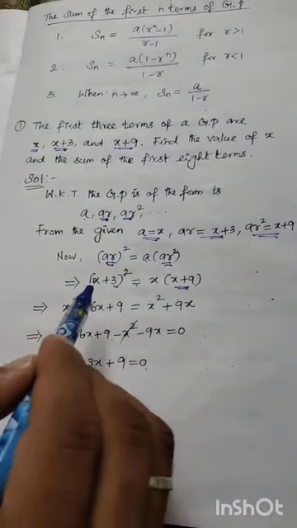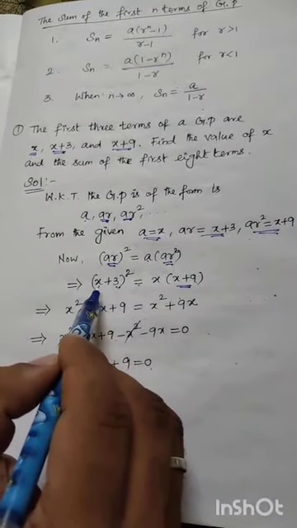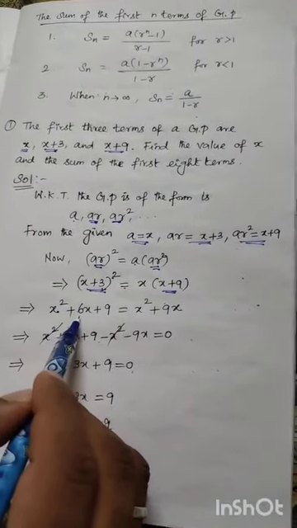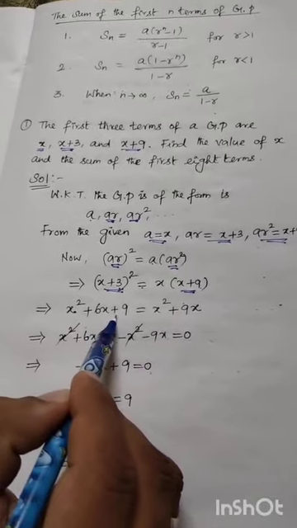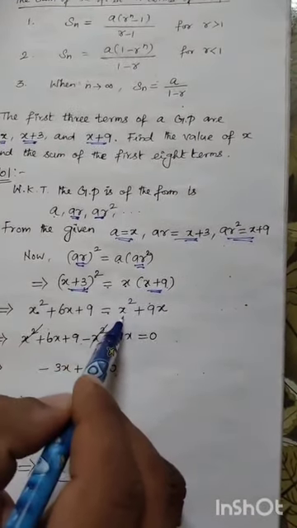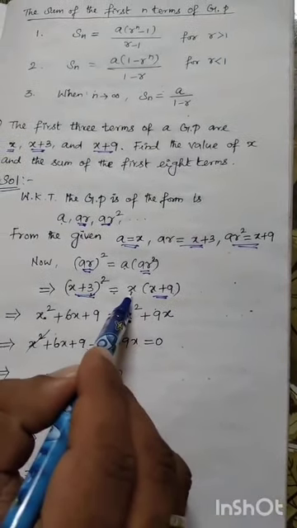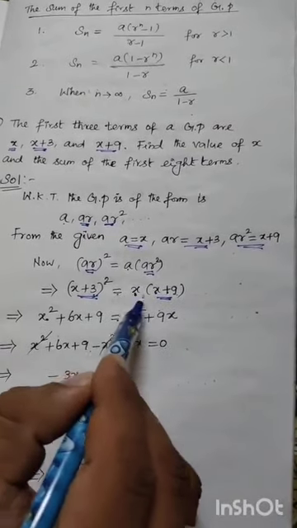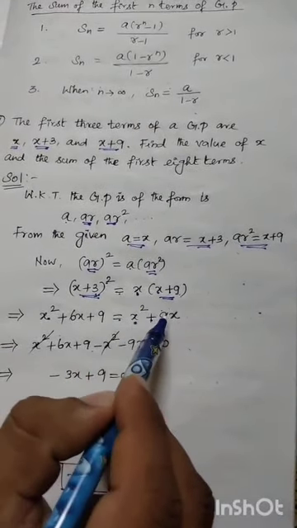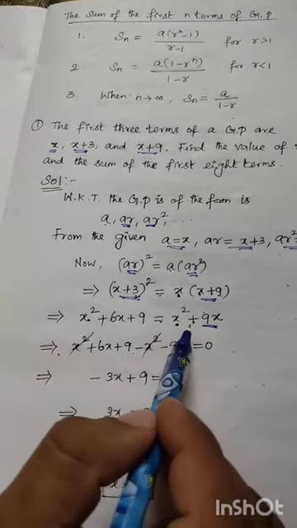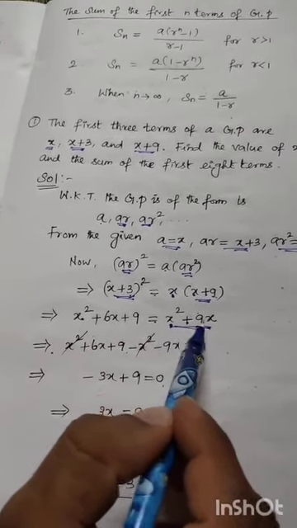Applying the a plus b whole square formula, we get x square plus 6x plus 9, which is equal to x into x, x square, plus x into 9, which is 9x. Now take the right hand side values to the left hand side.